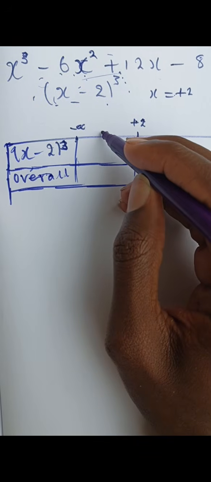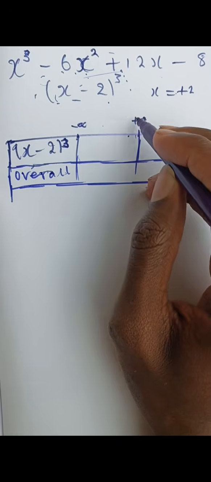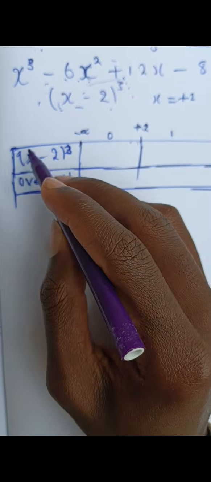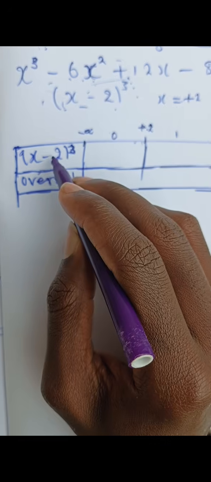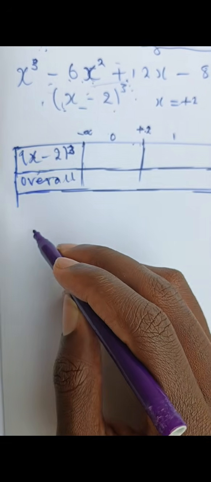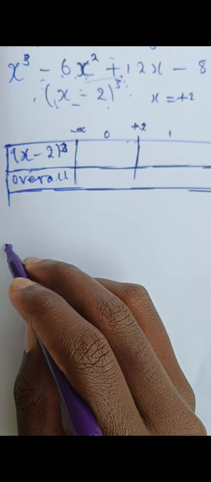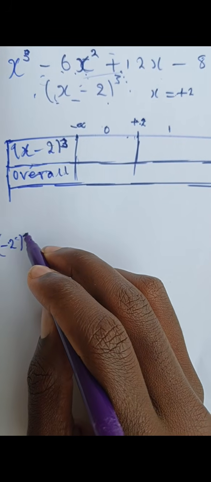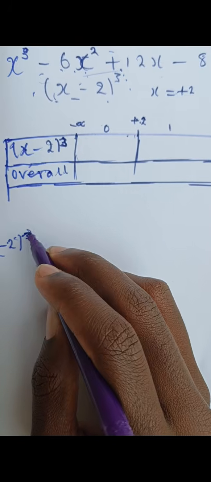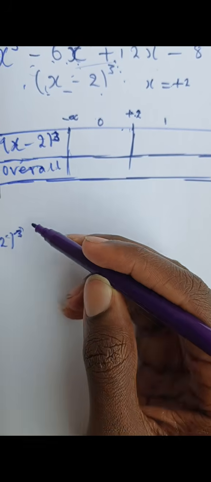Yeah, so let's pick any value that can be found here. 0, right? Here let's pick 1. Okay, so if I put 0 here, I'm going to remain with negative 2 power 3. And as long as the exponent is not even, let me give you a trick.